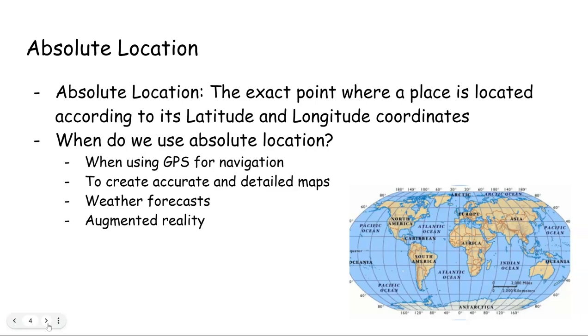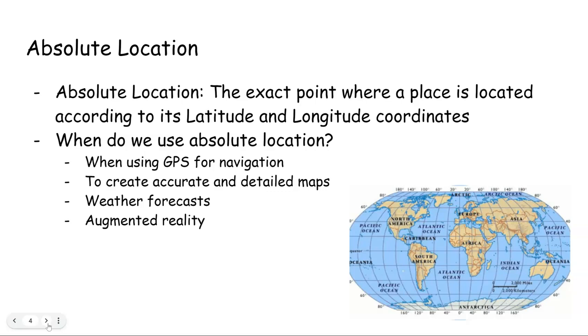They create a grid over the Earth's surface, just like you see in the picture to the bottom right there. And you can use those grid line marks to figure out exactly where the location is. So if we were looking at a spot in North America, we would find the latitude line, and then find a longitude line and see where they intersect, and that would give us our coordinate.